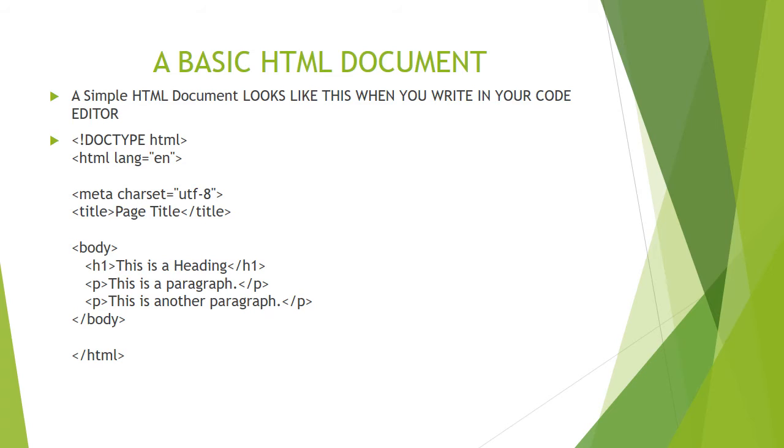Close the angle bracket, HTML, lang, en, close the angle bracket, head, meta, charset, equal, UTF-8, title, which is the page title. Remember, when you browse a website, the page title is always displayed on the title bar of your browser.